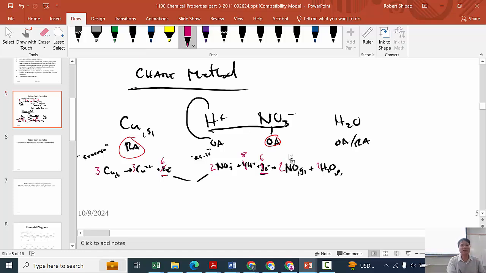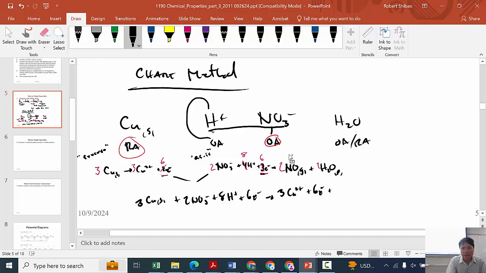And then I'm going to just combine everything. So I'm going to get 3 coppers solid plus 2 nitrates plus 8H+ plus 6 electrons yields 3 Cu2+ plus 6 electrons plus 2 NO gas plus 4 H2O liquid.